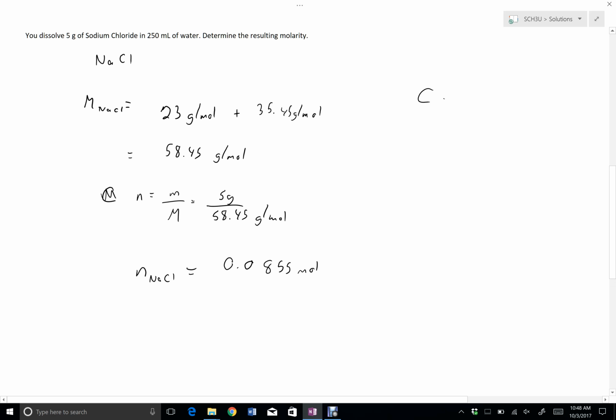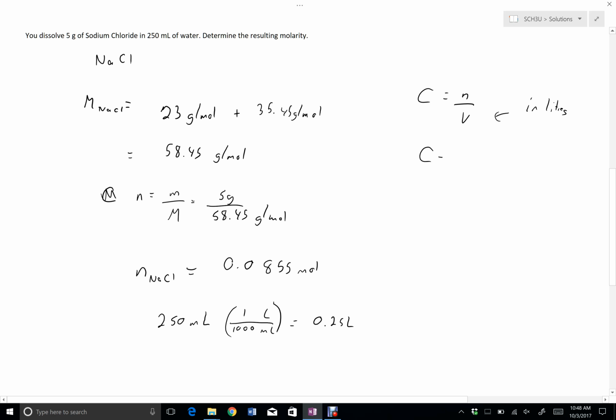My concentration is moles per volume, but I have to remember here that my volume needs to be in liters. So I'm just going to stop for a second here and convert that 250 milliliters into liters. So in 1 liter I have 1,000 milliliters, or this is 0.25 liters.